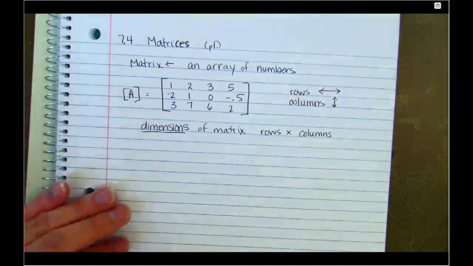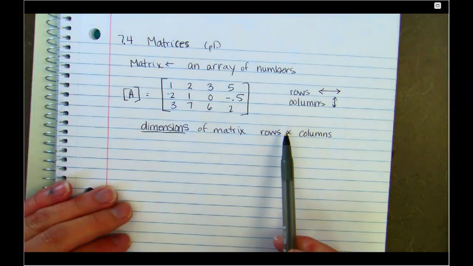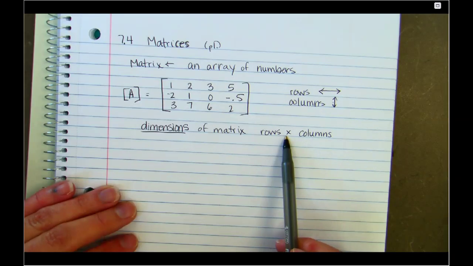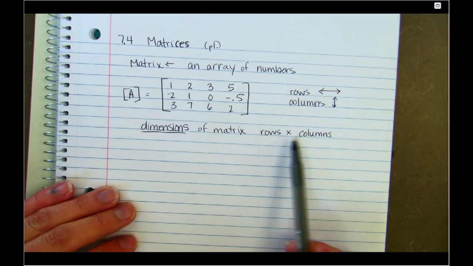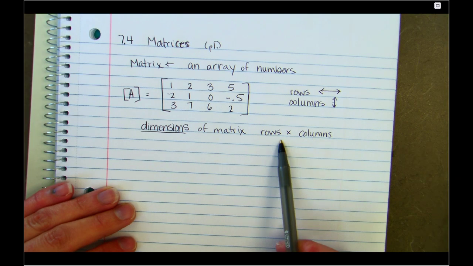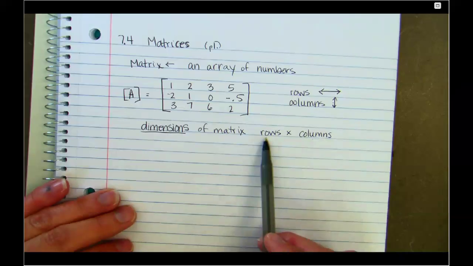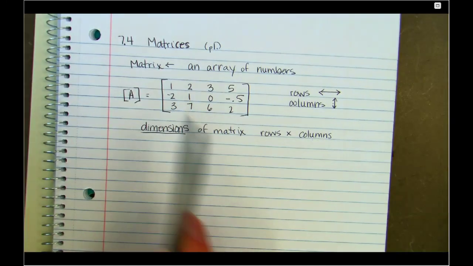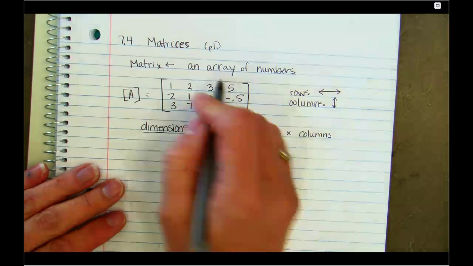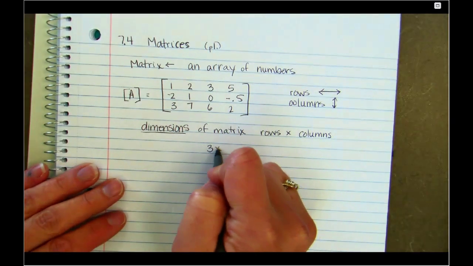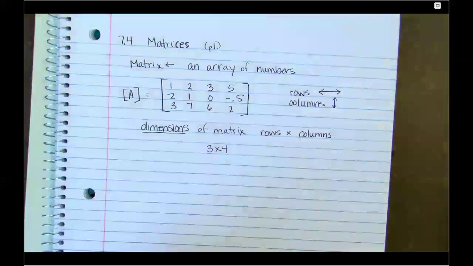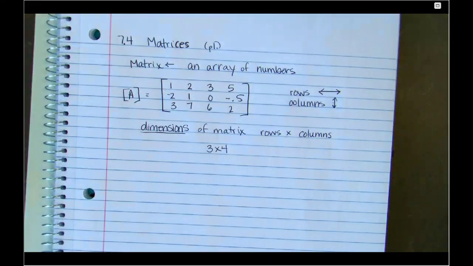If you've ever taken wood shop, if you're talking about a piece of wood, it's a 2x4 because it's 2 inches by 4 inches and some unknown length. So rows, columns. The dimensions of matrix A, it is a 3x4 matrix. Okay, rows first, then columns when we talk about it.